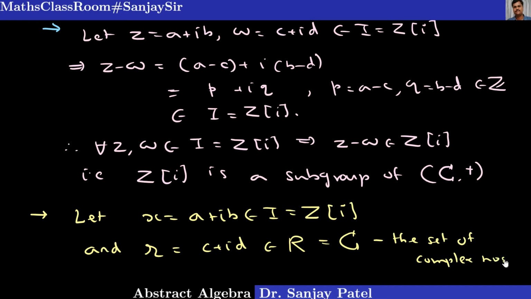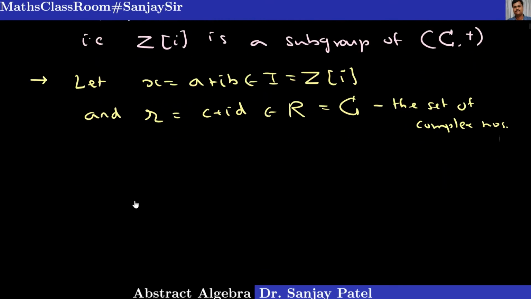Then you want to check whether x into r or r into x belongs to I or not. Remember, here a and b are integers, because this Z[i] is a Gaussian ring where real parts and imaginary parts of any element in Z[i] are always integers.